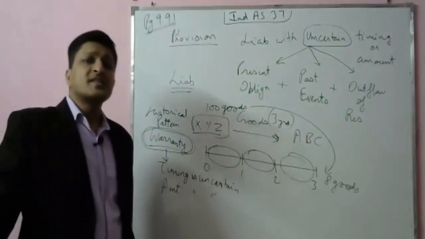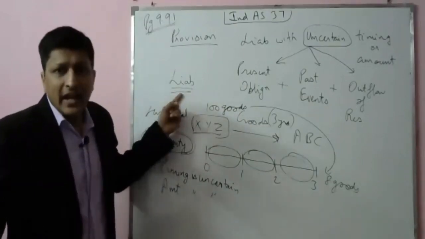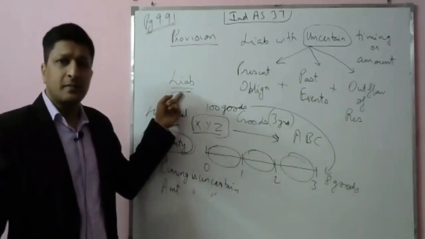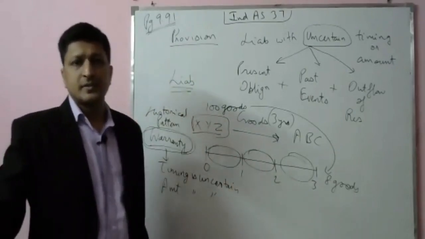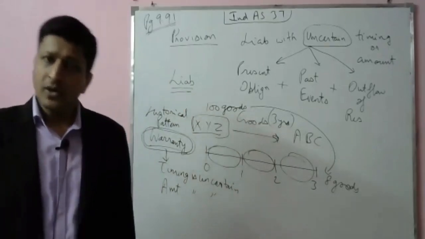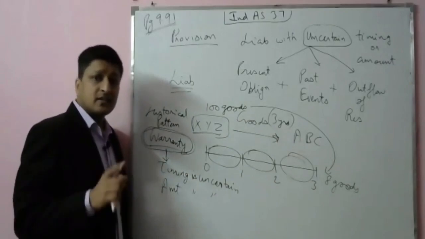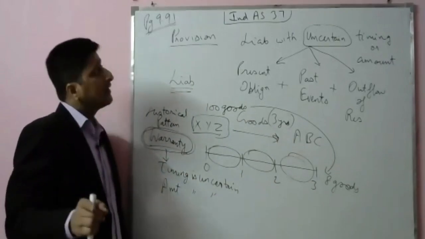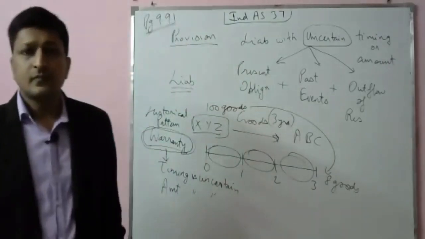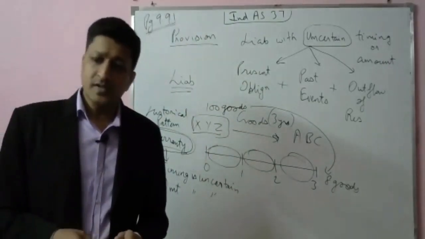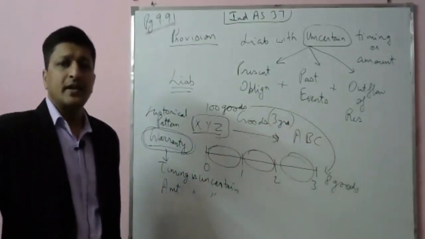Now, because of this uncertainty, what will happen? Instead of creating a liability in the financial statements, we will create a provision in the financial statements. And the provision which we create in the financial statements will be as per Ind AS 37. Clear on this? This will be as per Ind AS 37.